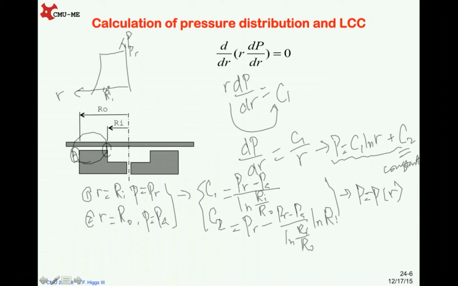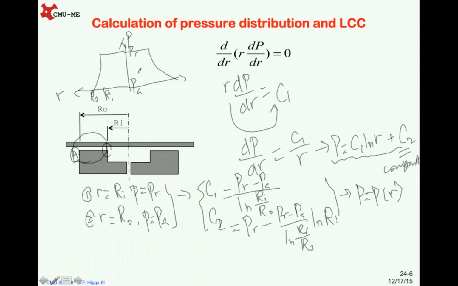And when R approaches Ro, the pressure decreases and then finally reaches the value PA. Due to symmetry, you can develop this figure like this. So that is the pressure distribution for a hydrostatic bearing.